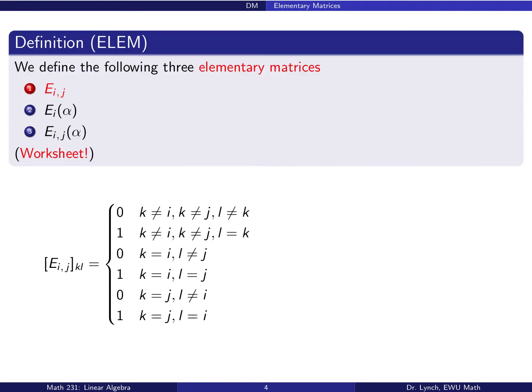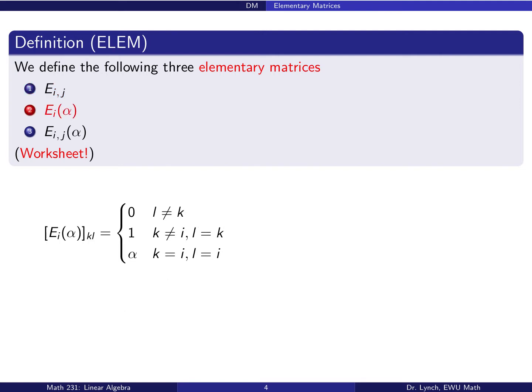So here are those three elementary matrices, and I give you a chance to play with these a little bit in the worksheet. There's a bit of an index alphabet soup here, but there's a matrix E sub I, J that accomplishes the task of swapping row I and row J. There's a matrix E sub I alpha that accomplishes the task of multiplying row I by the constant alpha.